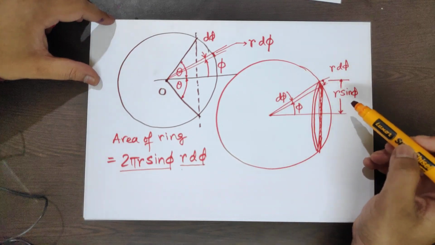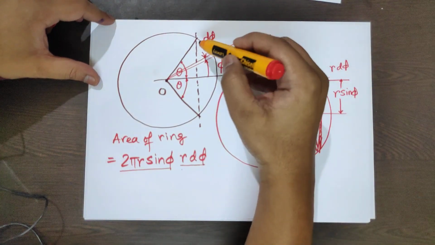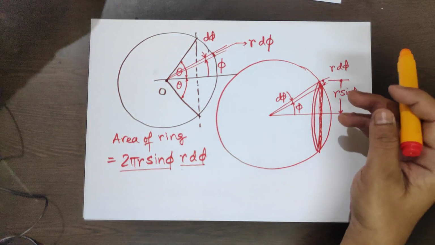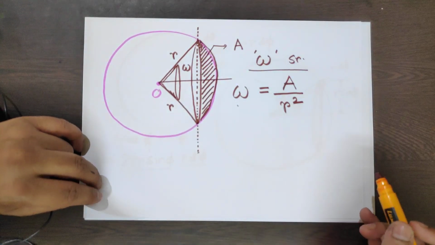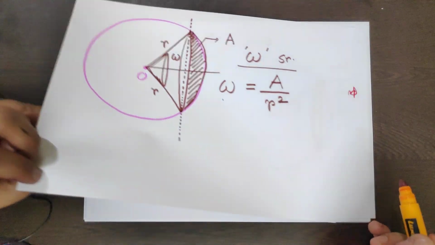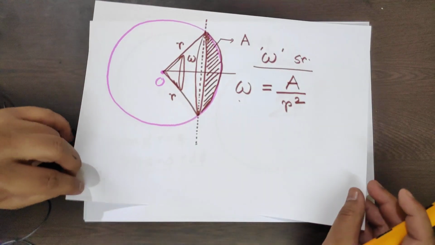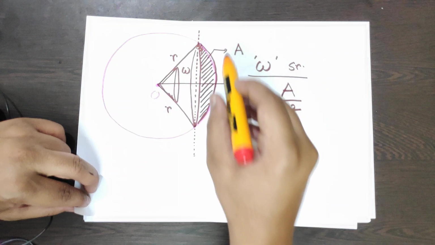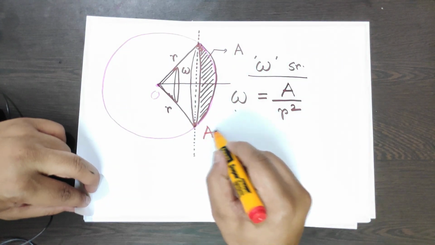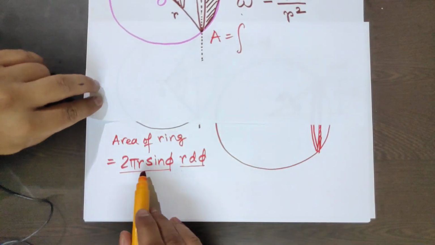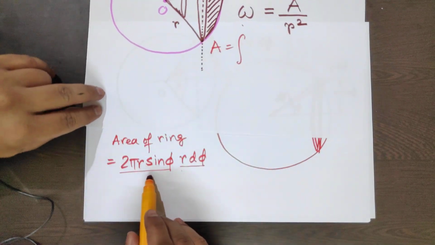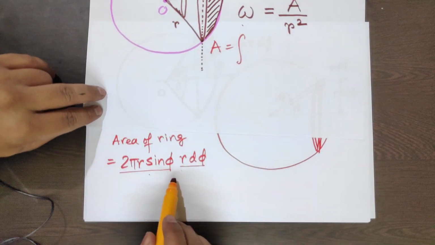Now we have to find out this total area, as in this diagram. You have to find out this much total area, right? So you have to integrate over the rings. So the total area is equal to the integration of 2 pi r sin phi into r d phi.